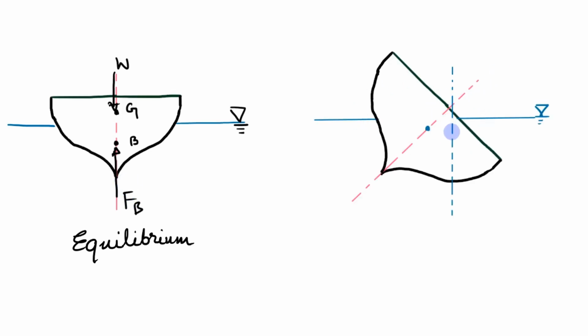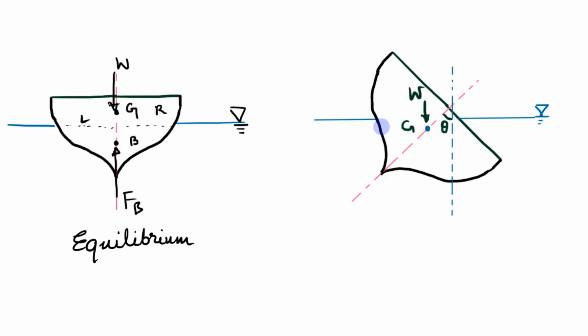Now this figure on the right illustrates the situation after the body undergoes a small deflection theta with respect to the vertical axis. The center of gravity G remains unchanged and the weight W keeps acting at this point. In this figure, if we say this is the left side and this is the right side, the volume of water displaced was equal on both sides.